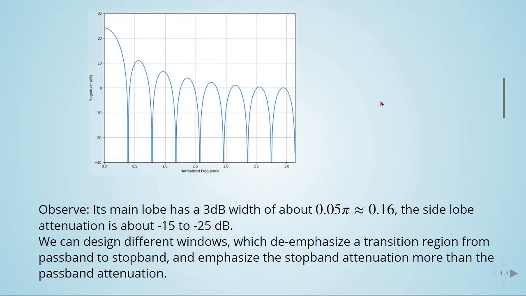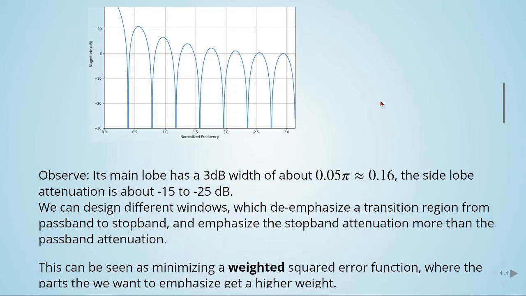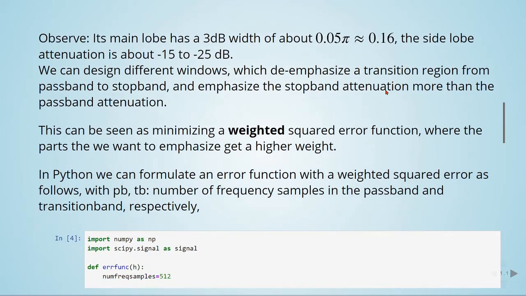We can design different windows which de-emphasize the transition region from the pass band to the stop band and emphasize the stop band attenuation more than the pass band attenuation. So this can be seen as minimizing a weighted squared error function, where the parts that we want to emphasize get a higher weight.